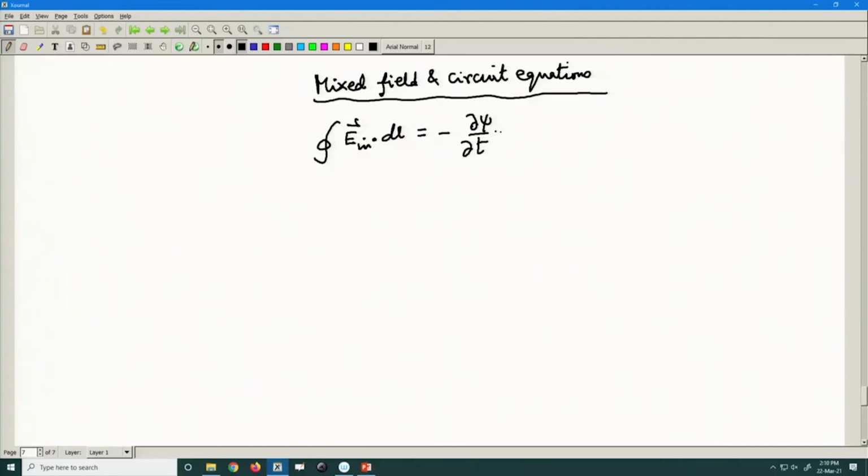If you look at the first equation of equation number 3, the closed integral of E in dot dl is equal to minus del psi del t, replacing the double integral of B in dot ds by the circuit quantity psi.